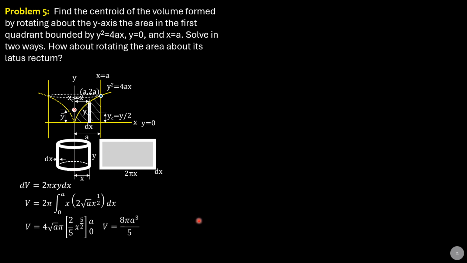8 pi a cubed over 5 barred y equals integral 0 to a of y over 2, then back to the volume 2 pi xy dx, or the simplified value. So integral 0 to a of y sub c, y over 2, 2 pi xy dx.